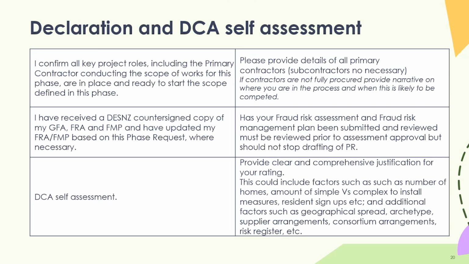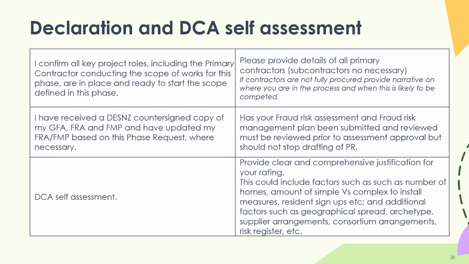I confirm all key project roles, including primary contractor, are there or thereabouts. Hopefully you've already got your contractor in place because you're already doing your retrofit assessments, etc. In which case we've just asked you to make sure you put down who the contractors are, at least the principal contractors.